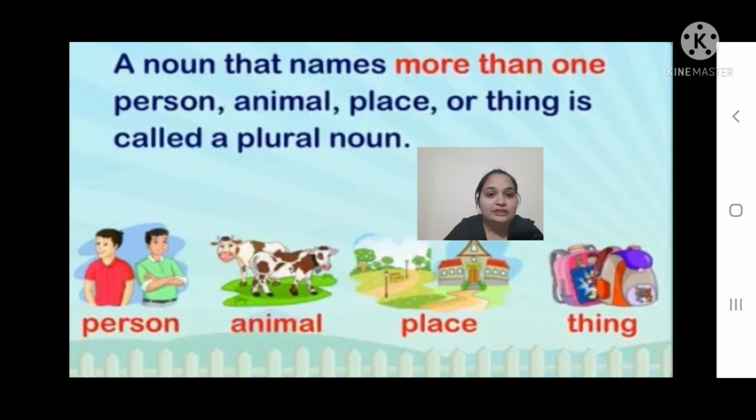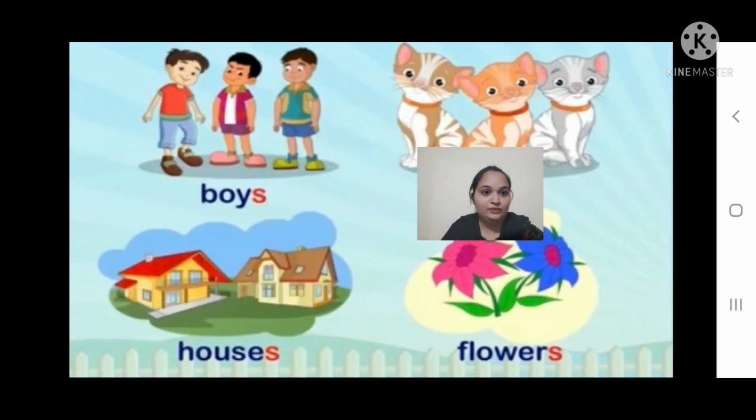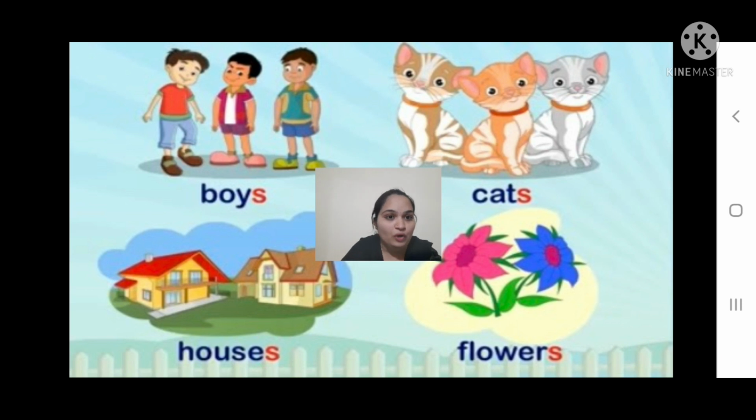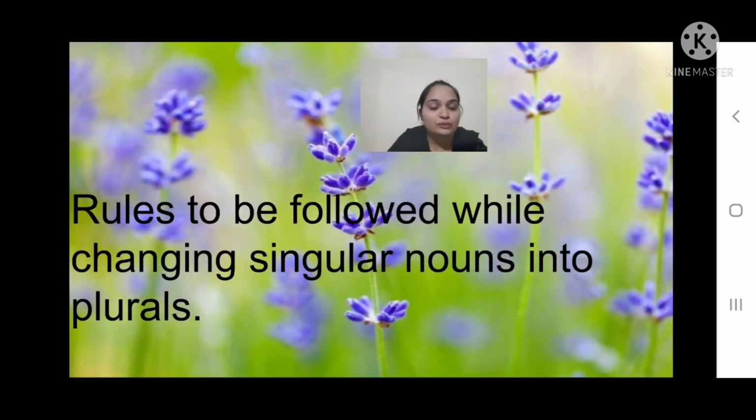So these things which are in more than one number are called plural nouns. For example, boys, cats, houses and flowers. So what are the rules to be followed while we change a singular noun into plural noun?